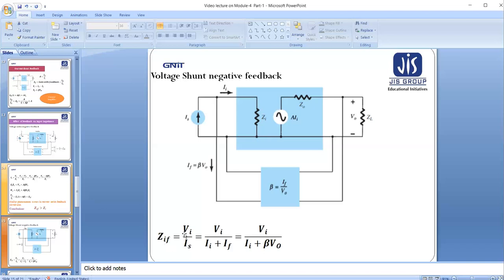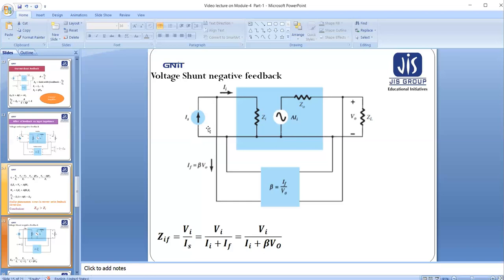See, this current source is in parallel with Zi, so the voltage will remain constant for both Ii as well as Is. So that's why Zif is equal to Vi by Is. Please be careful that as it is with feedback, we always consider the actual signal. So it is Vi by Is.